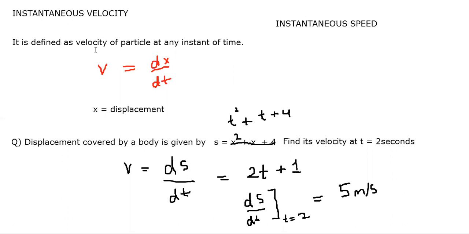The formula remains the same, dx by dt, but x becomes distance in the case of instantaneous speed. So when we have displacement, it contributes to velocity, and if we have distance, it contributes towards speed. So the formula and the way of solving the question remain the same in the case of instantaneous velocity or instantaneous speed.